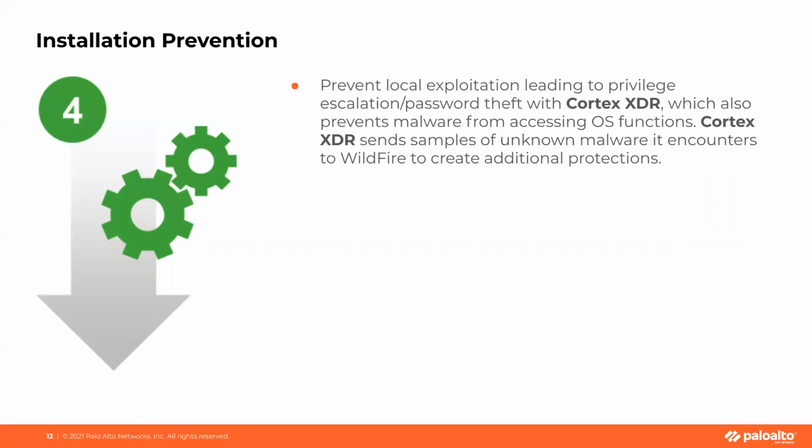And Cortex XDR can also prevent malware from accessing certain OS functions that it frequently uses, can detect different sorts of malware, ransomware, and also if there are some unknown samples that Cortex XDR cannot detect whether they're malicious or not, it will send them to the Wildfire sandbox to create additional protections.